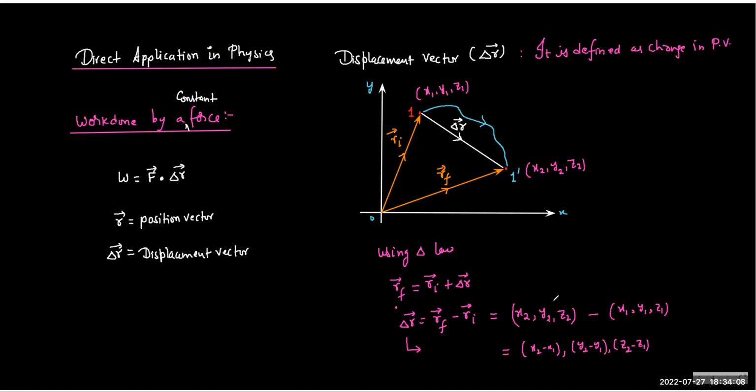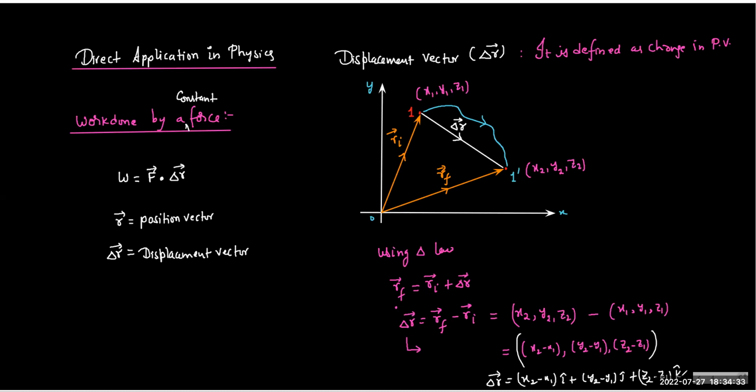And then if you wish, you can write in terms of ijk. Eventually you can express it as x2 minus x1 i cap, y2 minus y1 j cap and z2 minus z1 k cap.